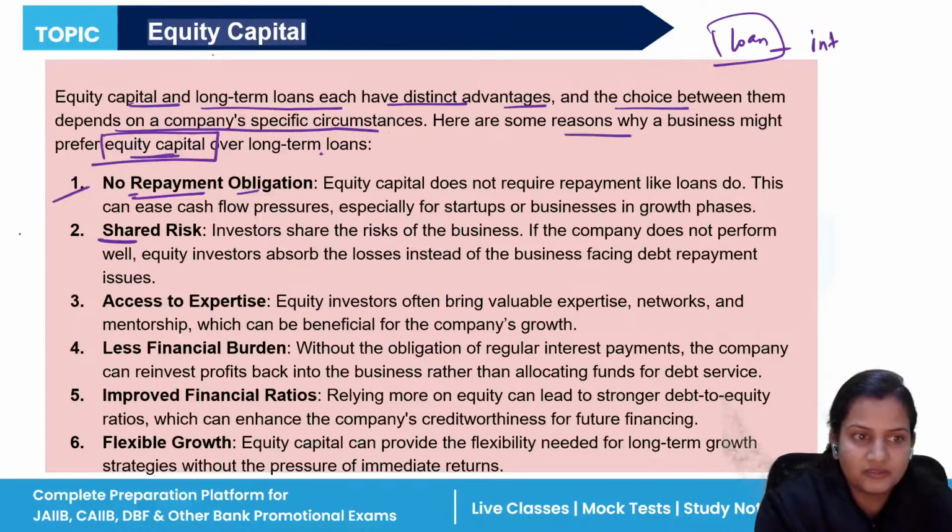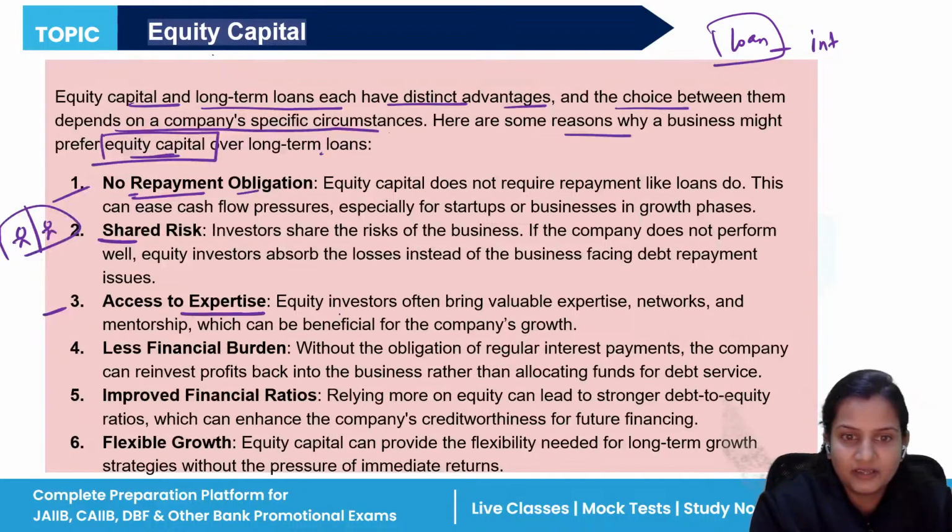Risk is shared because equity capital is a bit risky, and the risk will be shared by every person who is in that particular business. They have their own experience and expertise. So they bring what? Valuable expertise, network, mentorship, because they are taking a high risk.